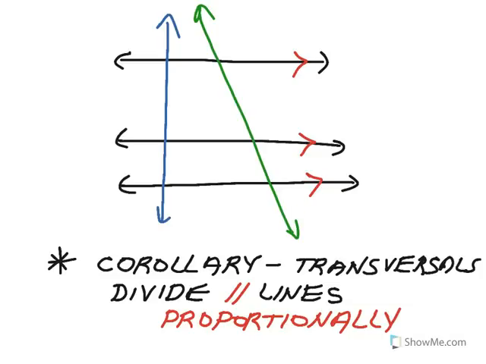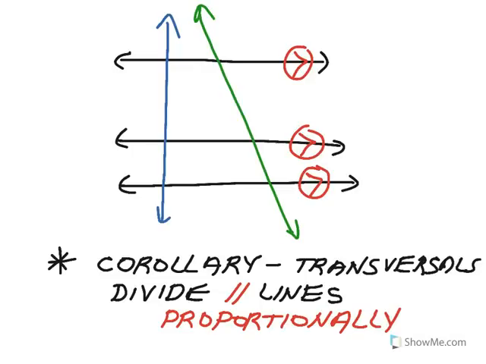Okay, and a corollary to the triangle proportionality theorem is that when we have transversals lying across parallel lines, so what I've got here are 3 parallel horizontal lines, and I have a blue transversal and a green transversal. Well, those parallel lines divide every transversal proportionally.